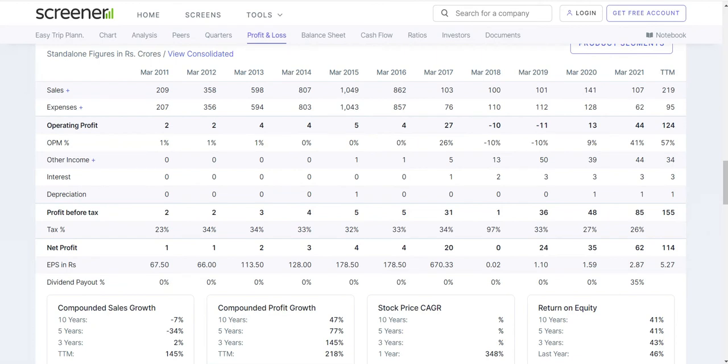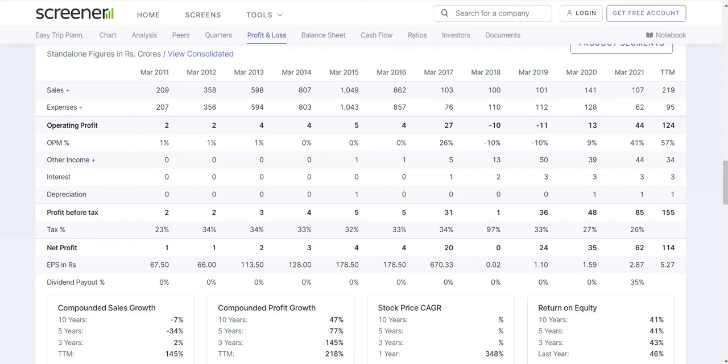You can see that for the past 2-3 years it is making profit constantly, and the compounded profit growth for the past 5 years is 77%, and for the past 3 years is 145%. So clearly this company is making profit, and we will select it for further screening.